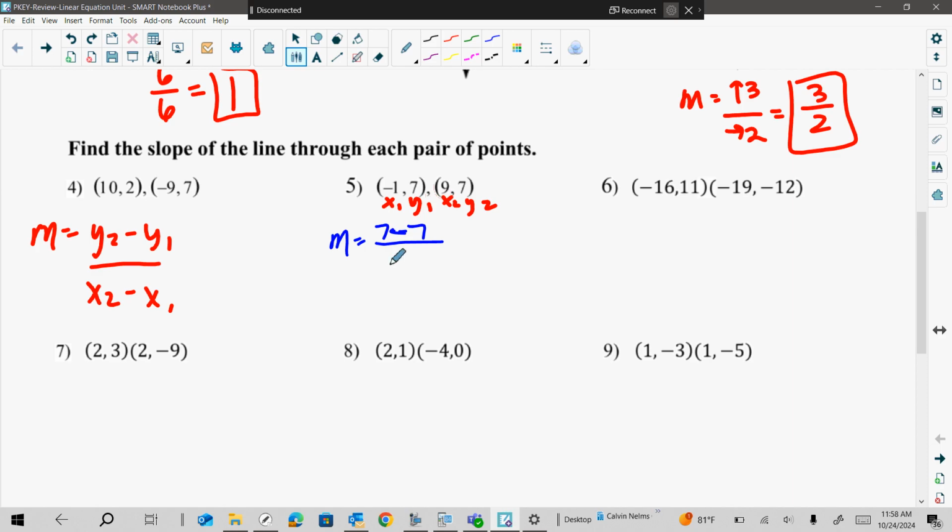Sorry. And then 9 minus a negative 1. Just give me a second. If you do the math on the top, 0, and then what number is going to be on the bottom? 10. What's 0 over 10 reduced to? Just 0.